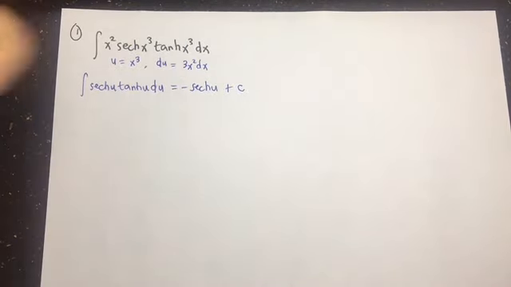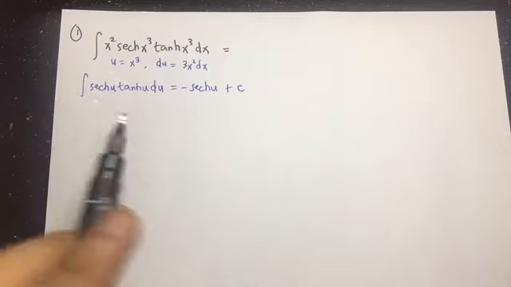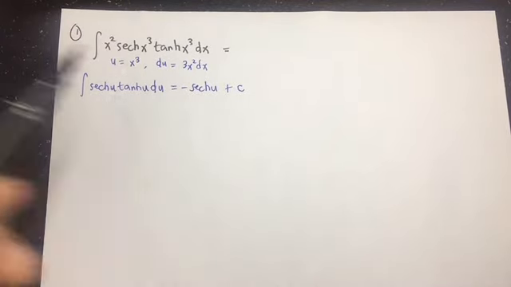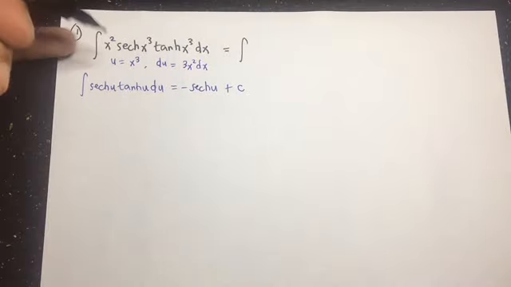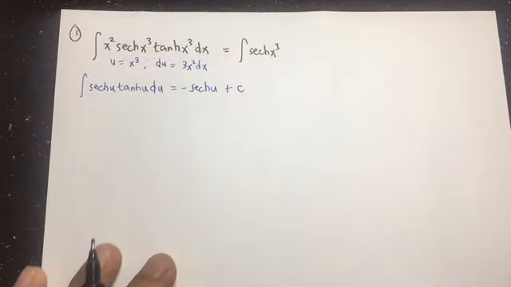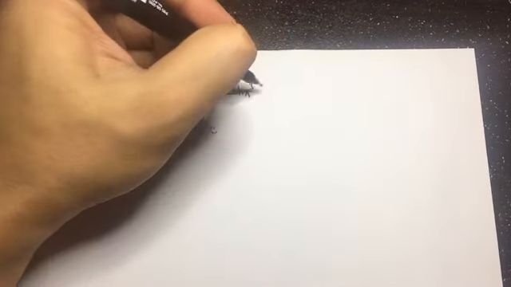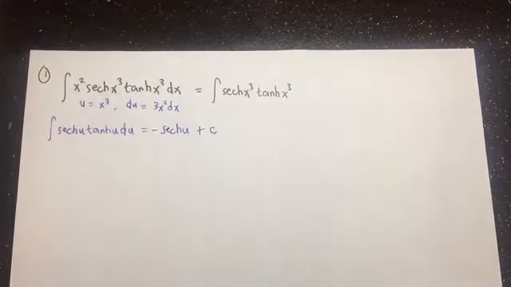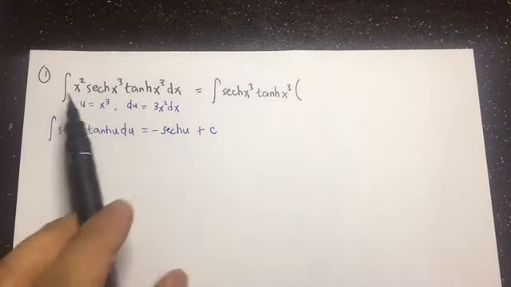Let us rearrange this so that it will become in this form. We have the integral of hyperbolic secant of x cubed times hyperbolic tangent of x cubed, then multiplied with x squared dx.